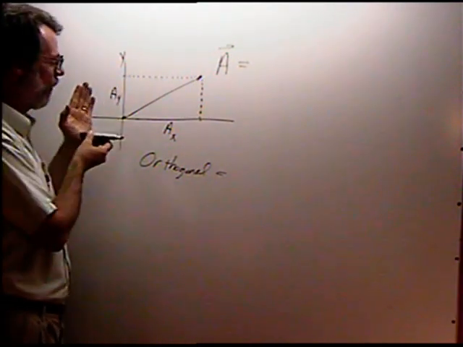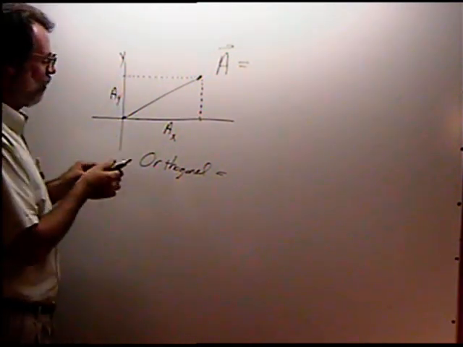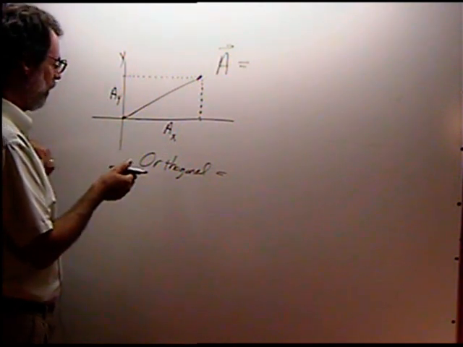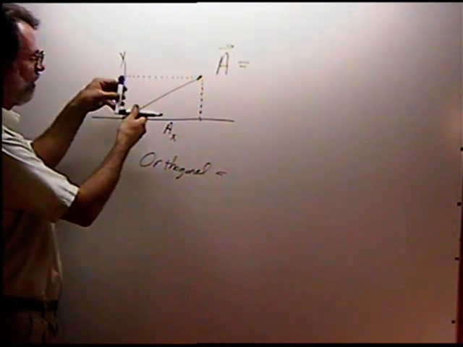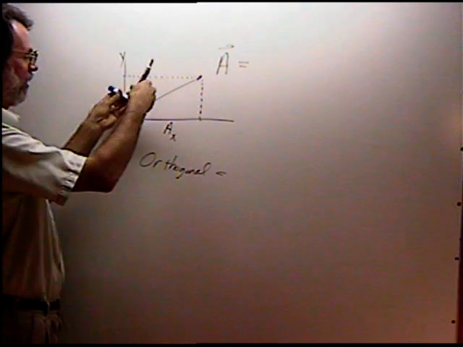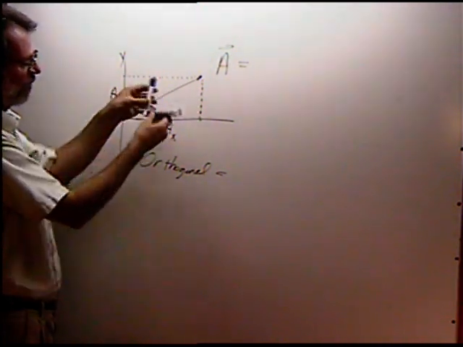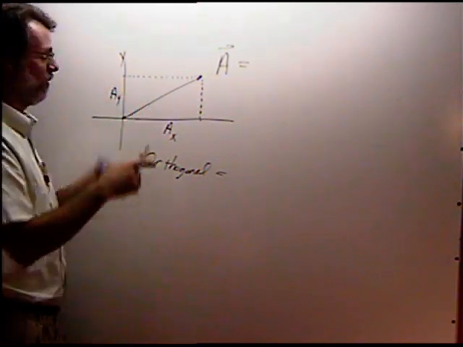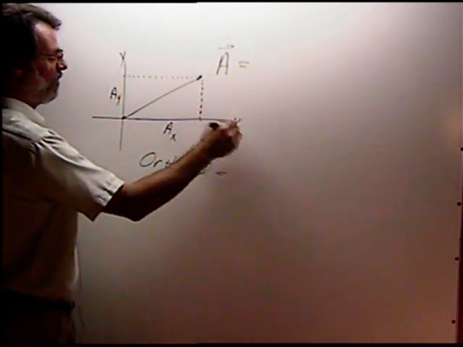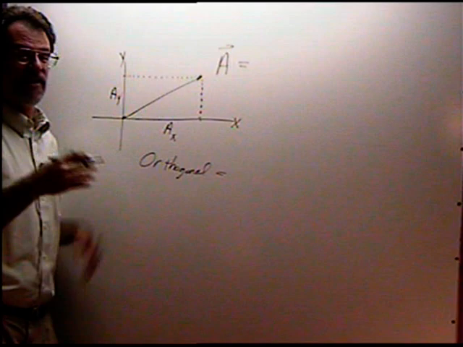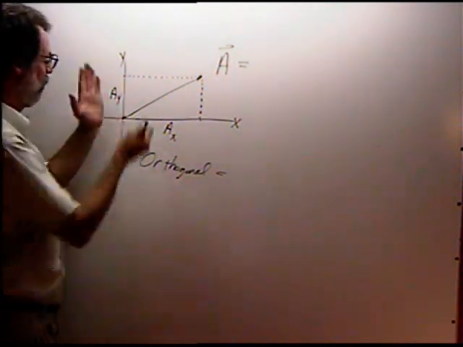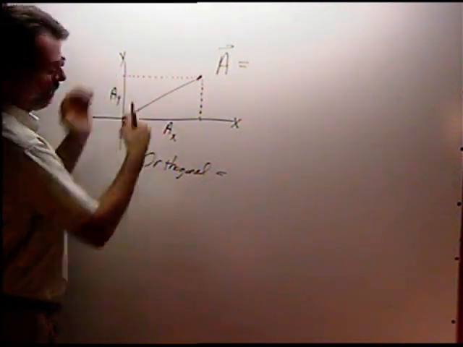But for right now, two vectors are orthogonal if they are at 90 degrees to each other. Doesn't matter really how they're oriented, as long as they're at 90 degrees to each other. Well, turns out the x and the y-axis are, by definition, orthogonal because they're at right angles to each other.